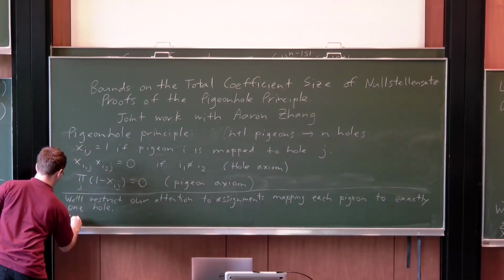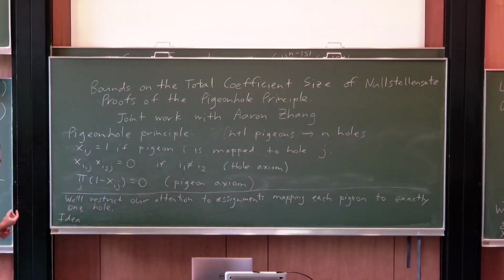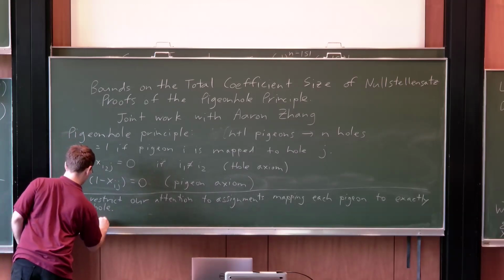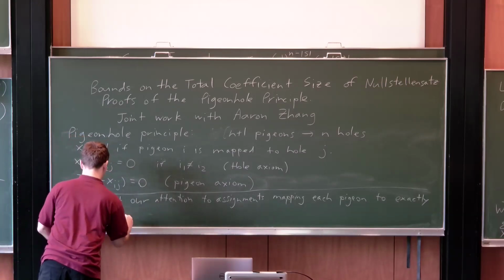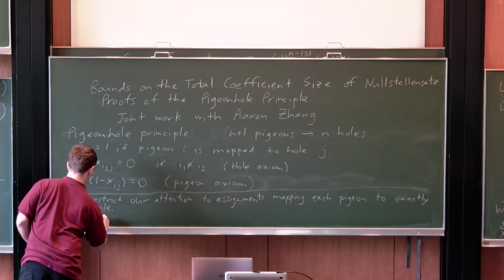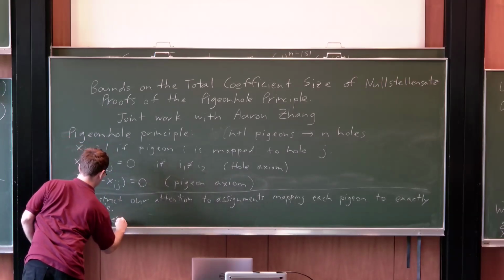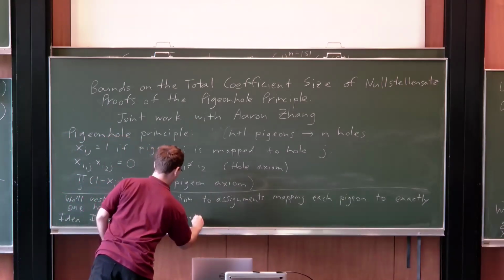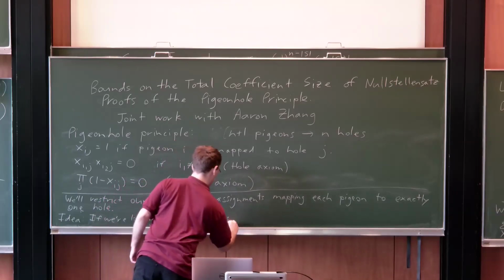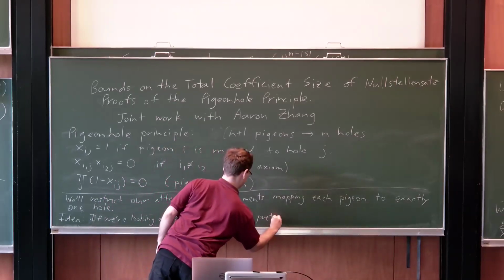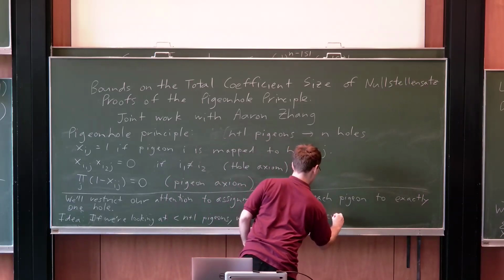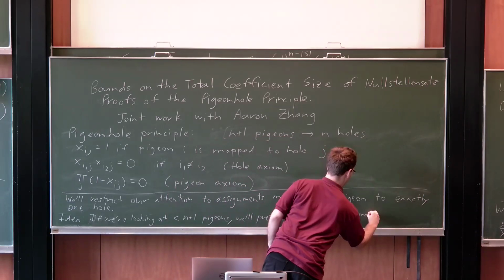And then the idea is similar to the Sherali-Adams degree lower bound for the Pigeonhole principle: if we're looking at less than all the pigeons, then we'll pretend that they are matched uniformly at random to different holes.